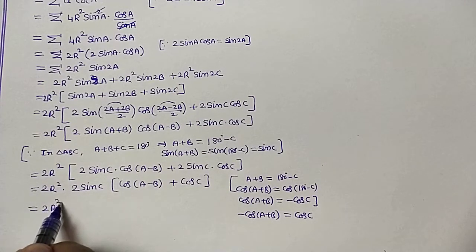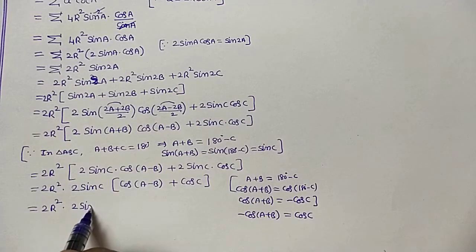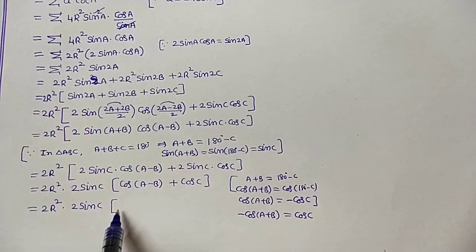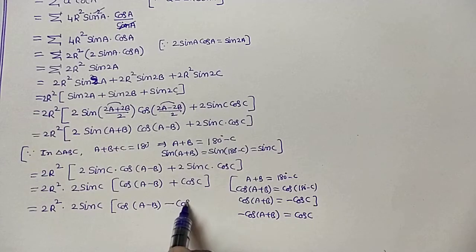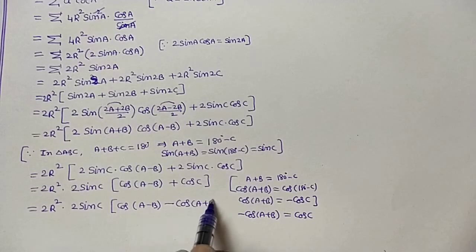So 2R square into 2 sin C into cos of (A minus B) minus cos of (A plus B).